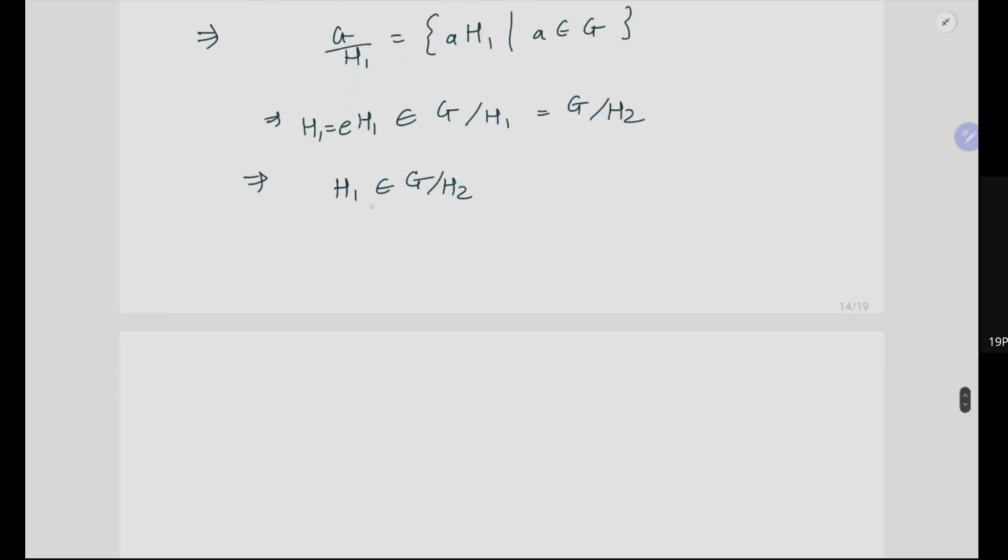And what this means is that this set is again some AH2 where A is in G. So if H1 belongs to this quotient group, then H1 is some coset of H2. So let us say it is some AH2.